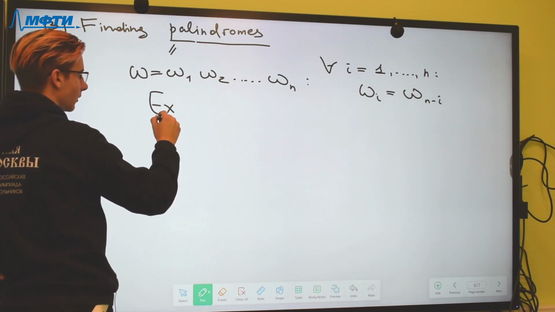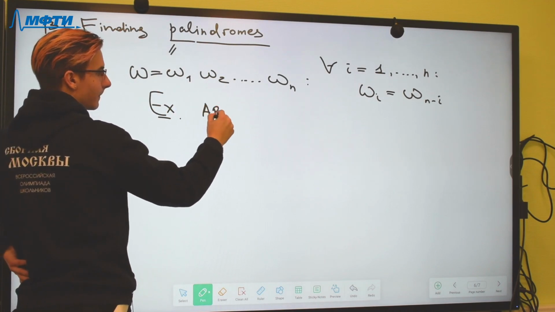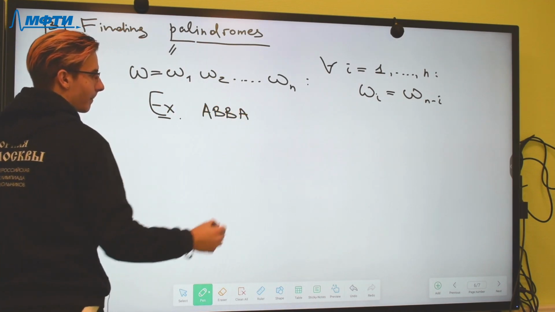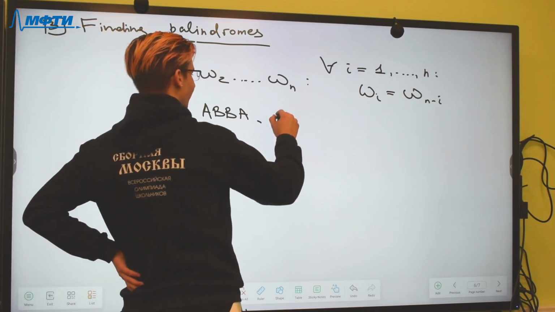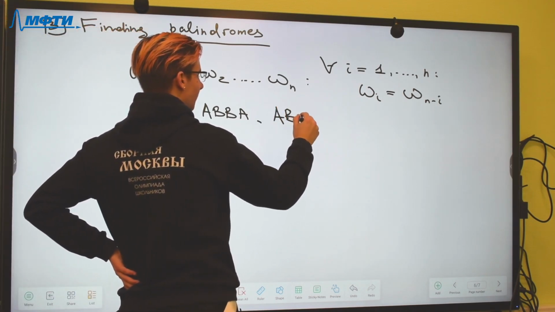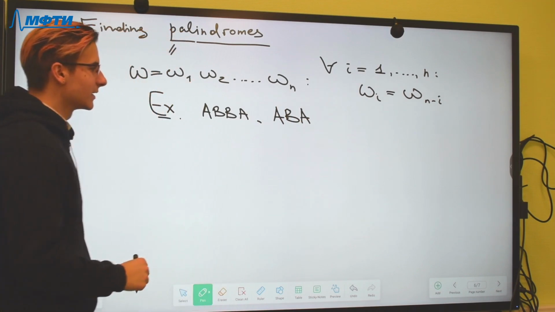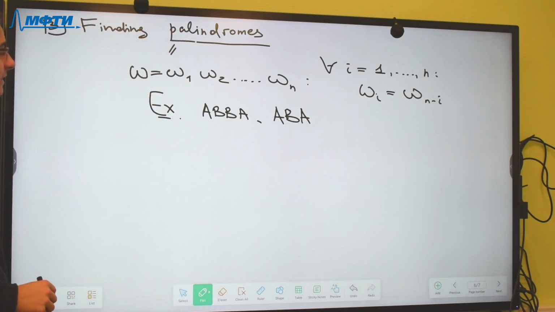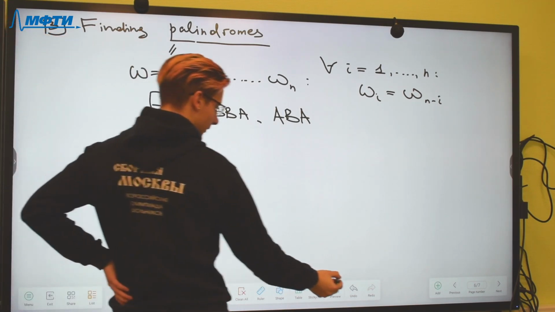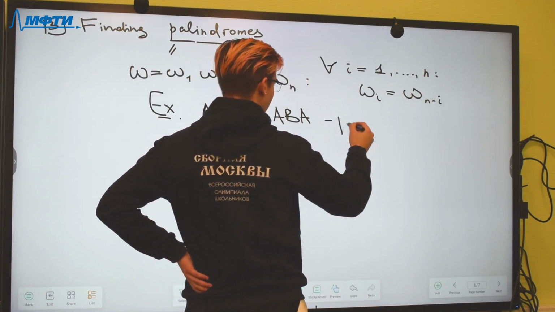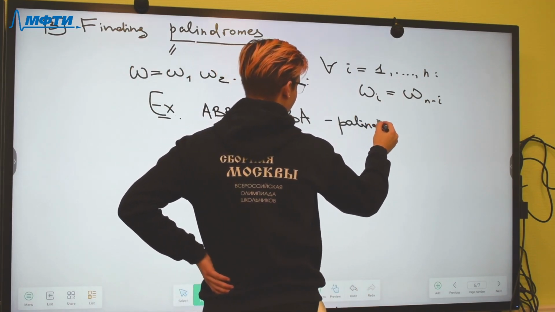But you can do this in linear time, right? To understand whether it is a palindrome or not, yeah. But now we want to find the maximum subsequence that is a palindrome.